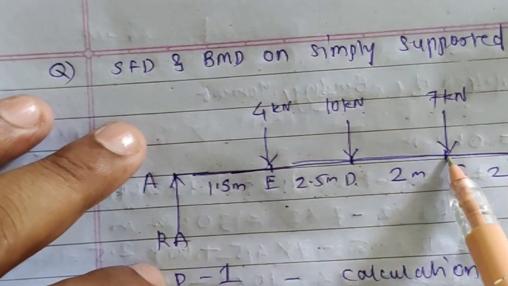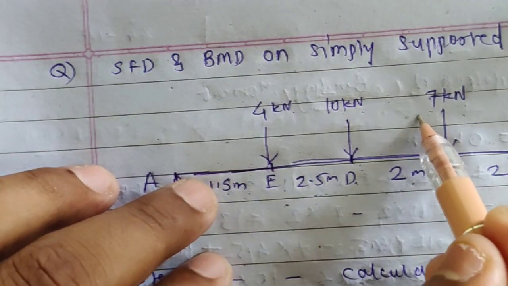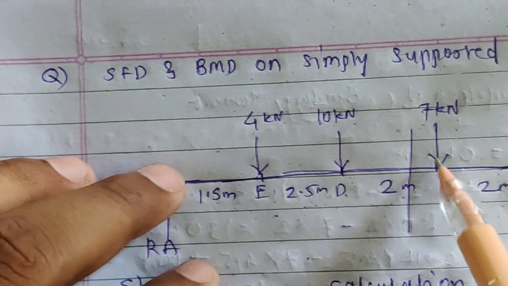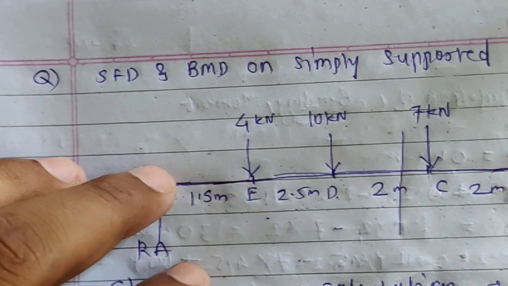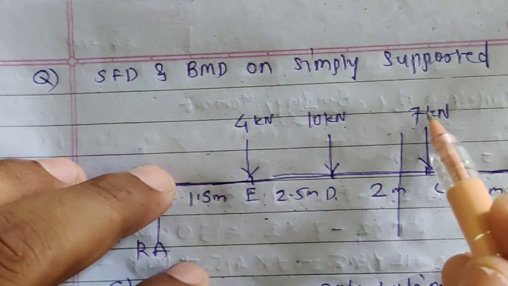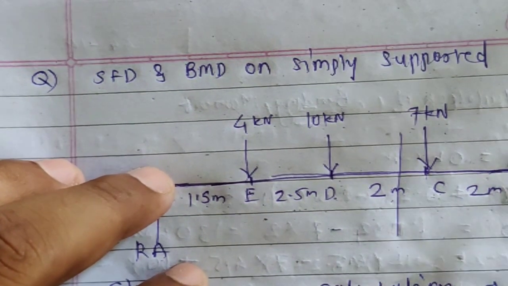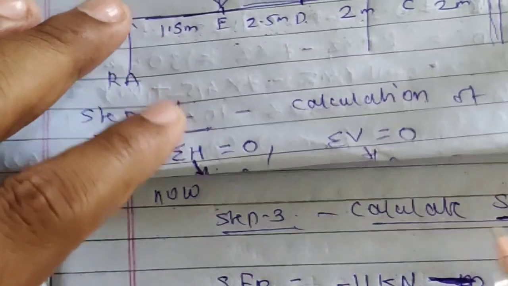Okay, so we will calculate at C point. We take this section and you can see how many forces are acting on C: this is 7 kilonewton and this RB.